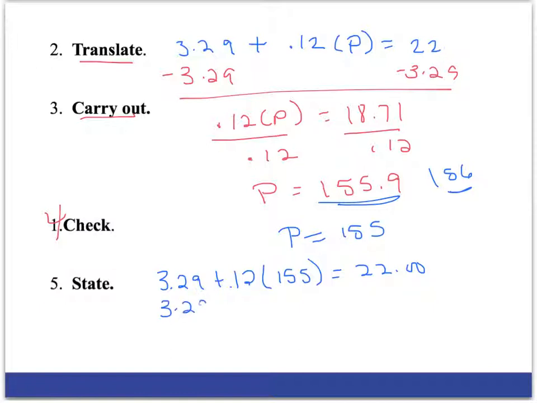So when you carry out your calculations, you get $21.89, which is less than $22, so we are good. So that's how many pictures they can take.